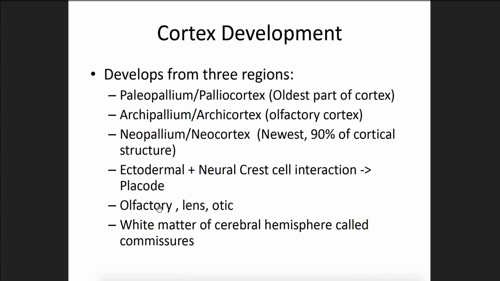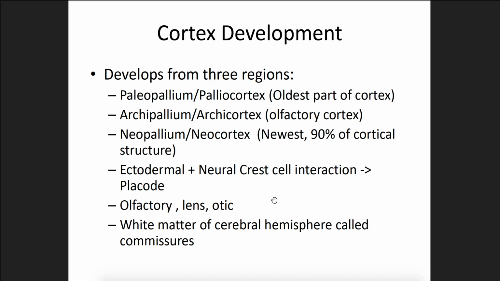Like the olfactory placode, it has to do with the development of the nose, the lens placode for the eye, and the otic placode for development of the ear. So placodes are actually ectodermal thickenings with neural crest cell migration, and they are thickenings concerned with development of sensory apparatus.